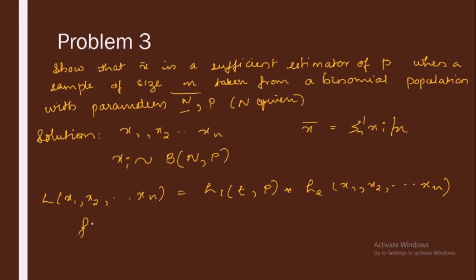Now you know that f of xi, comma p, the density function of a binomial distribution, is given as N C xi, p raised to xi, 1 minus p raised to N minus xi.